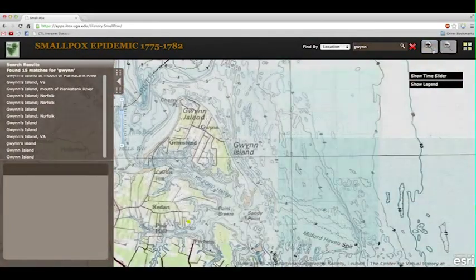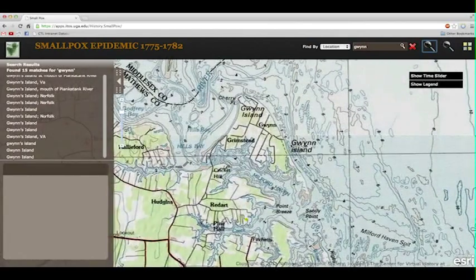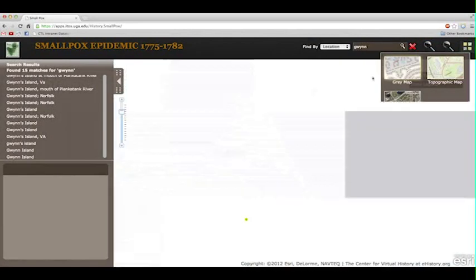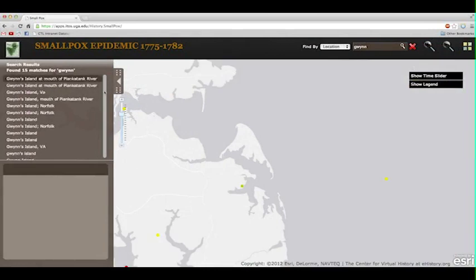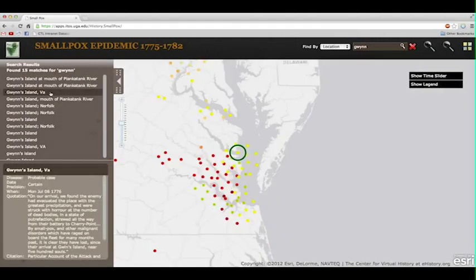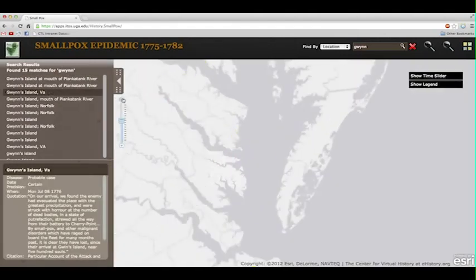But it is the scene of just this amazing story in 1776, which I'm going to tell you about. One of the central characters is Lord Dunmore, who was the royalist governor of Virginia, and a scoundrel in so many different ways.